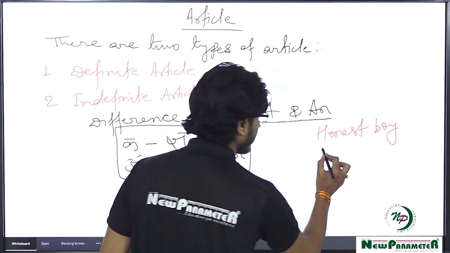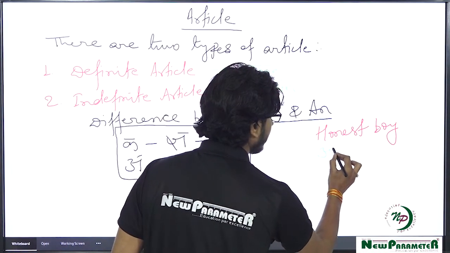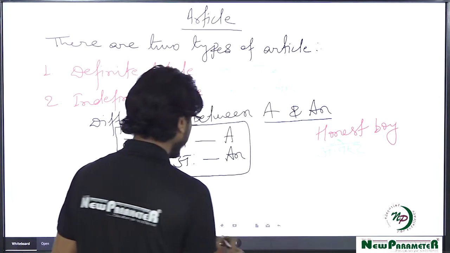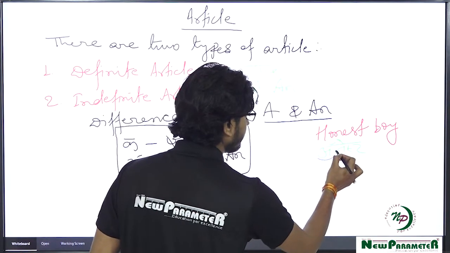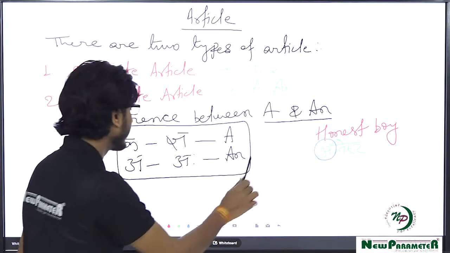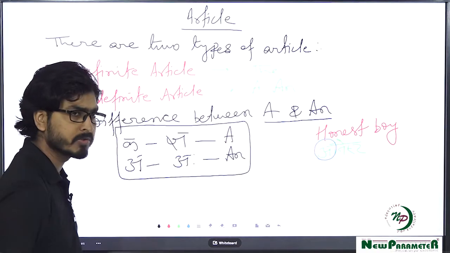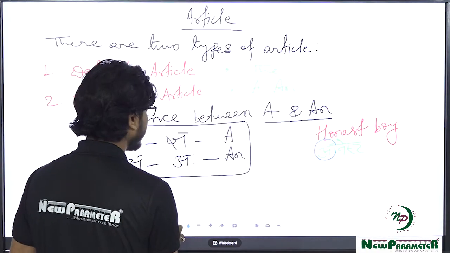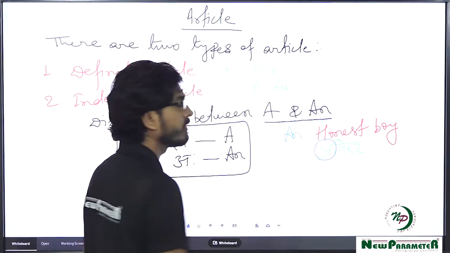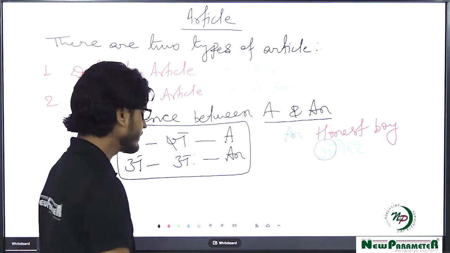The first letter pronounced is o. We have to see only the first letter, and this is between a and aa, so we must go for an honest boy.